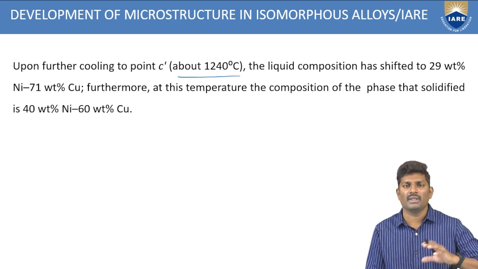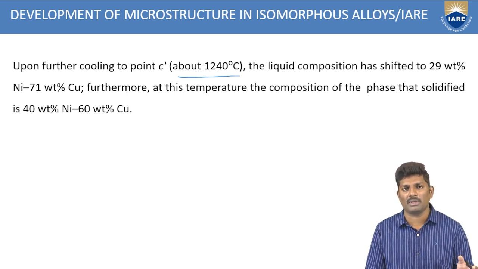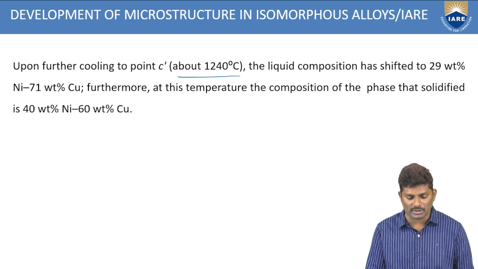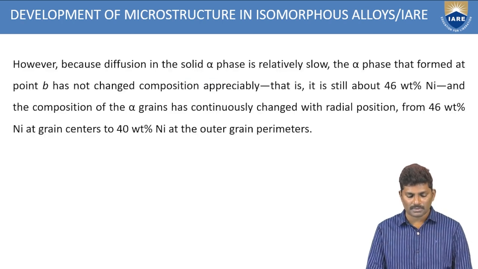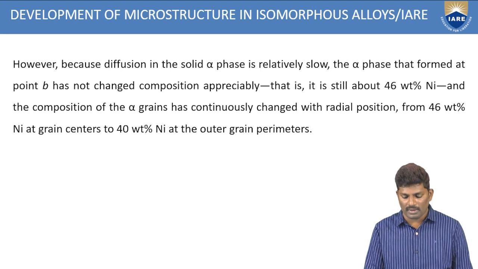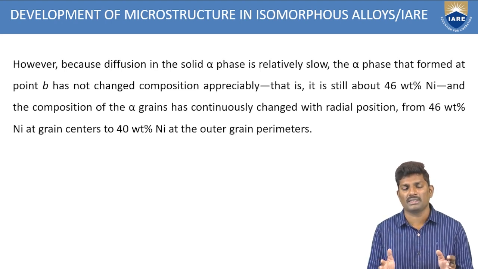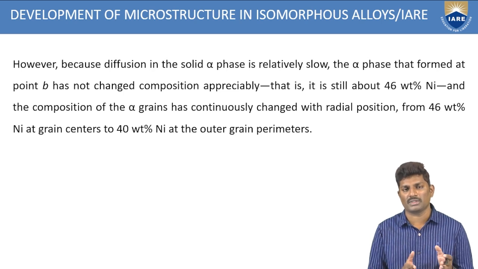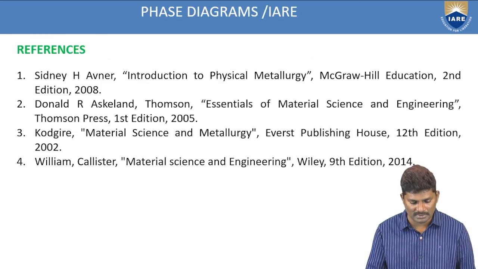That is how you have to differentiate between the equilibrium and non-equilibrium compositions in order to develop the microstructure of isomorphous alloys. In order to get those composition percentages, we have to draw the tie lines. The tie lines have to be drawn between the two phases only, not in a single phase. Based upon those tie lines, we get the compositions along the x and y axis.